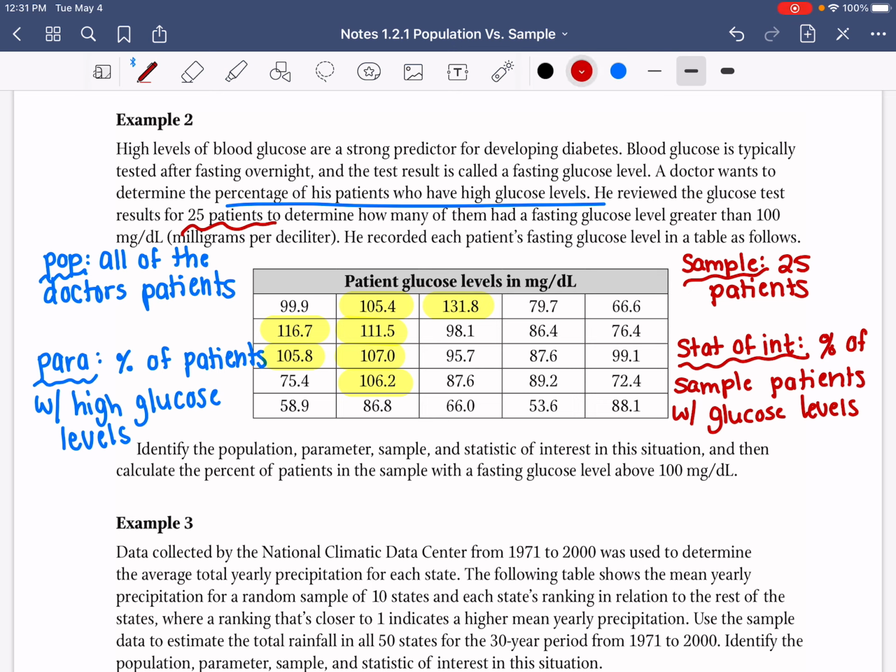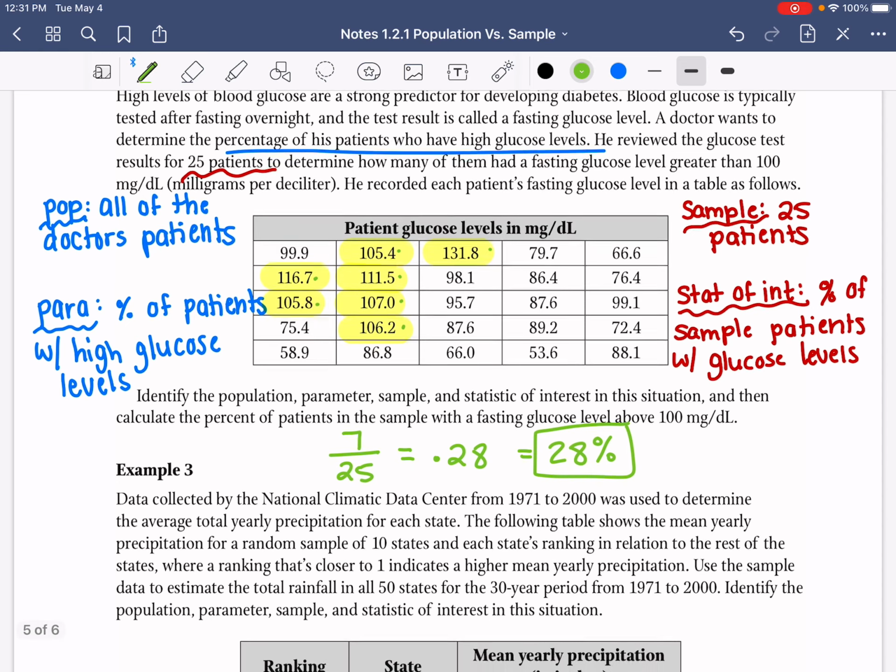So I have 1, 2, 3, 4, 5, 6, 7 out of, we know there were 25 patients, so 7 divided by 25, grab my calculator, I get 0.28, and then to make that a percentage, because it wants a percent, it's going to be 28%. So 28% of our patients have high glucose levels.